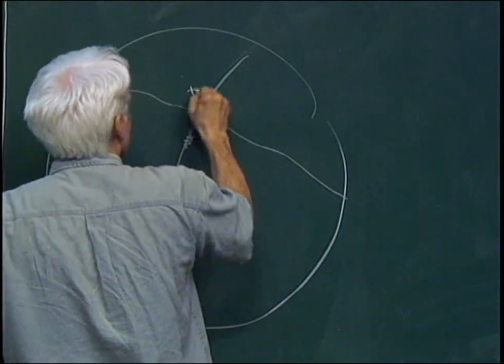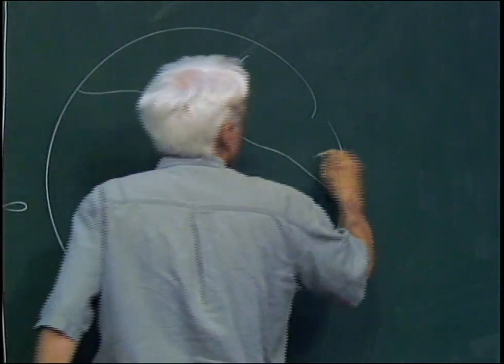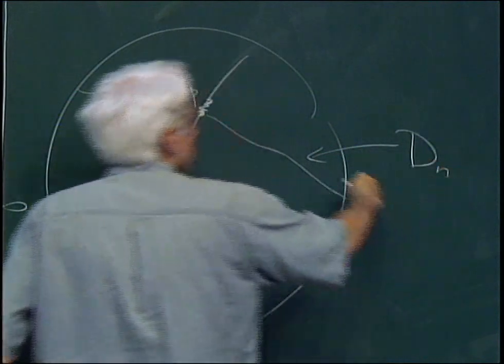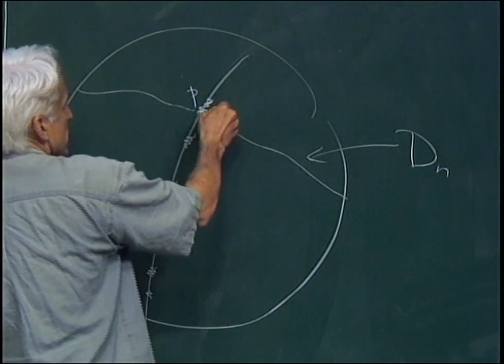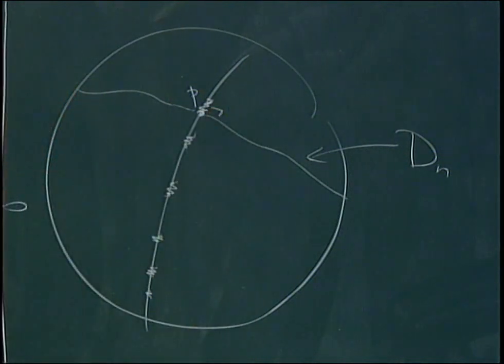So here's a point P in K, and associated to it there's a unique punctured disk where the puncture is that point. And furthermore, the disk is perpendicular to the curve at that point.